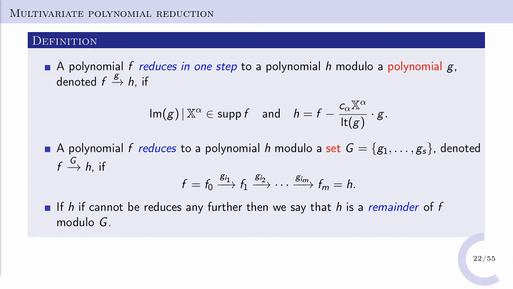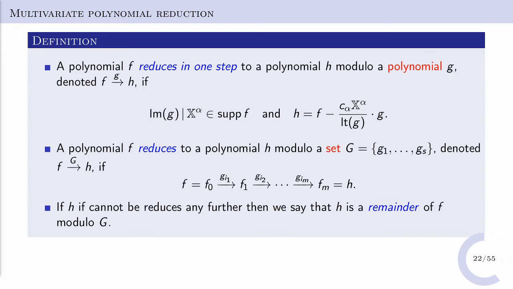I will say that polynomial f reduces in one step to polynomial h modulo a polynomial g if, first of all, the leading monomial of g divides one of the monomials of f. So there is a monomial in f which is divisible by the leading monomial of g.